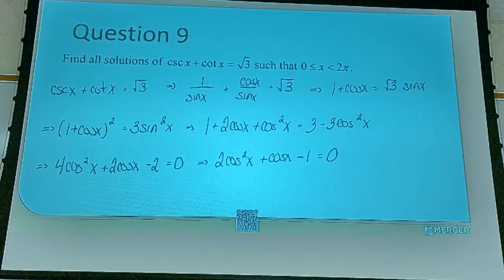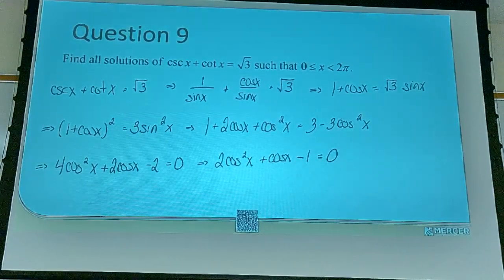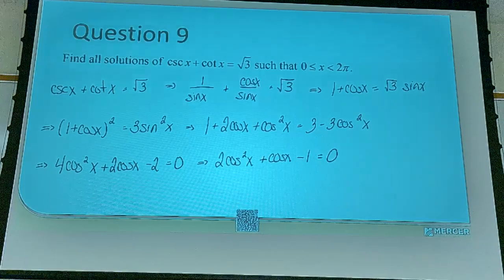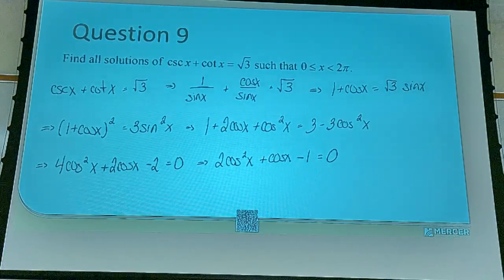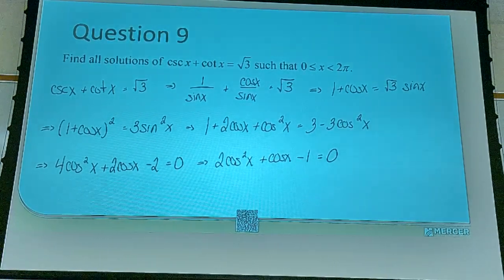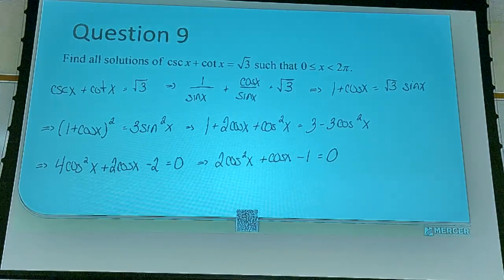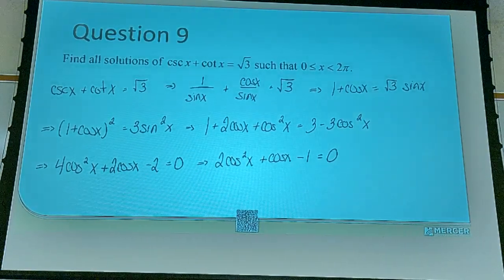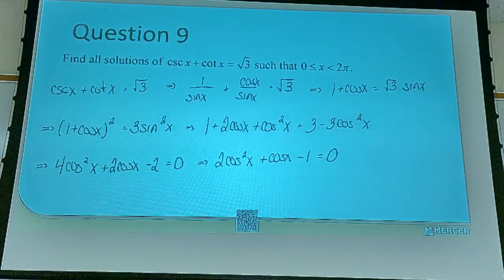5 pi over 3. Cosine of 5 pi over 3 is positive. Sine of 5 pi over 3 is negative. 1 plus a positive is positive.